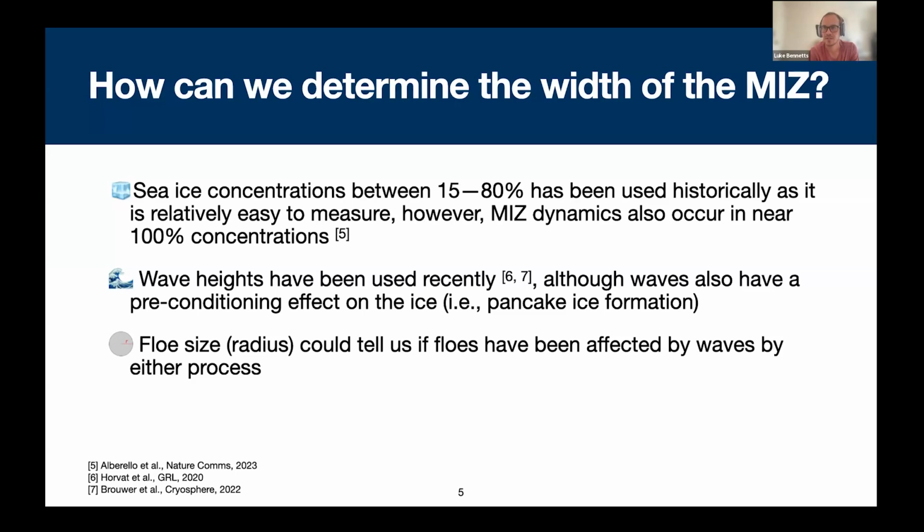The definition that I won't exactly go with, but I'm far more aligned to, is the one that I guess was promoted by Danny Dumont in particular some years ago now, of using floe sizes to define the marginal ice zone.